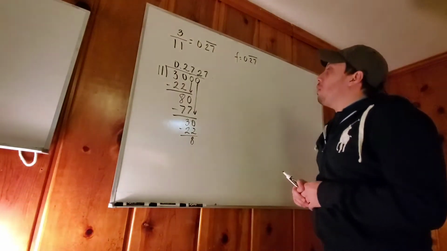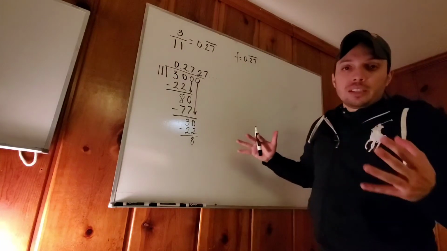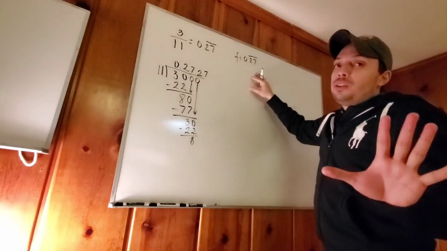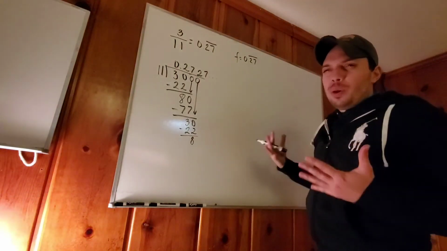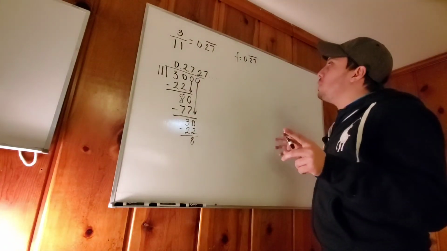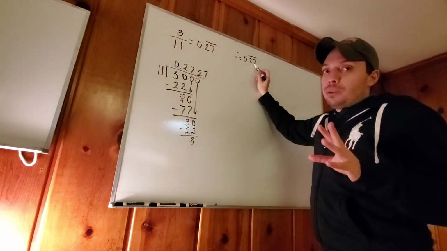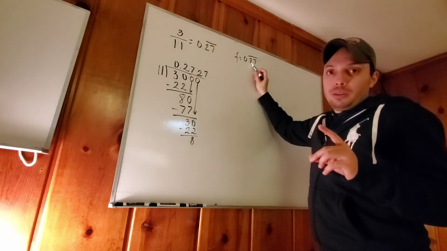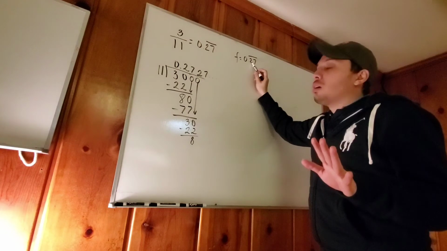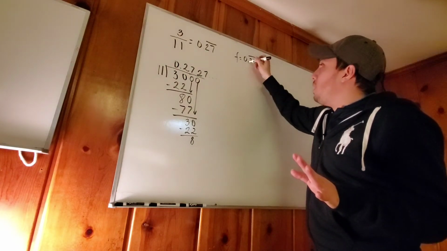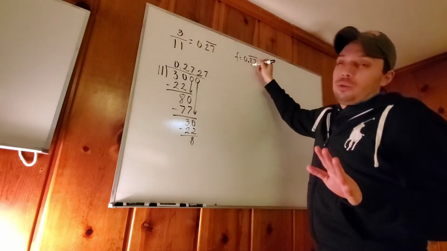And so to be able to find the fraction from this repeating decimal, what we need to do is kind of work backwards. But how do we work backwards? Well, the first thing that we need to do is to get these repeating numbers, the ones that have the bar, outside of the decimal, meaning they need to go over to the other side.